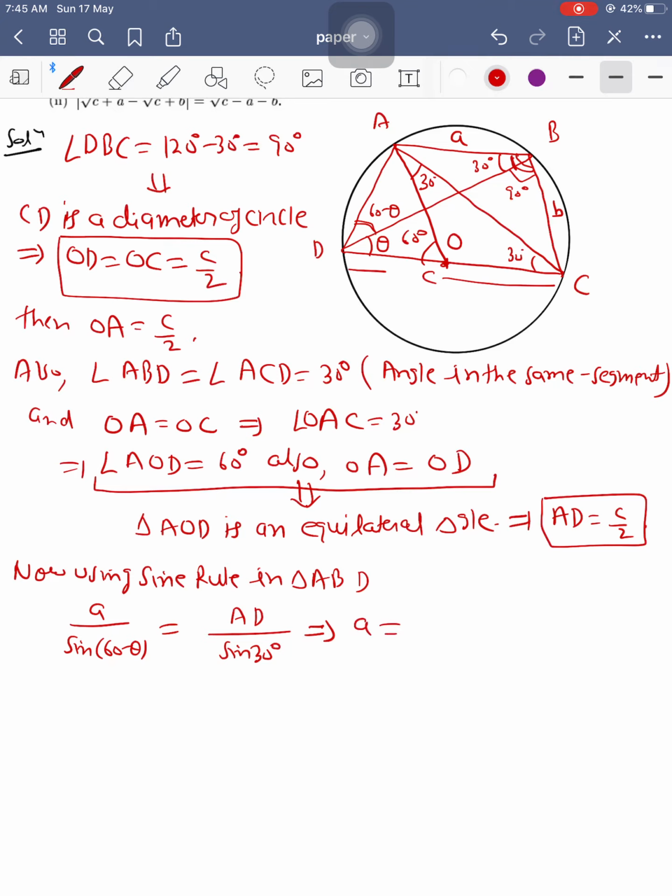This implies A equals to AD is C by 2, sine 60 minus theta upon sine 30 means 2. This implies A equals to C times sine 60 minus theta.